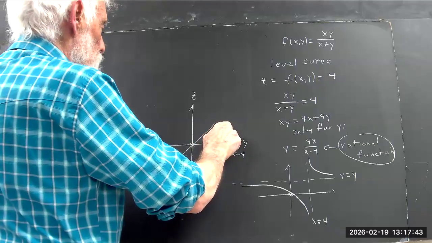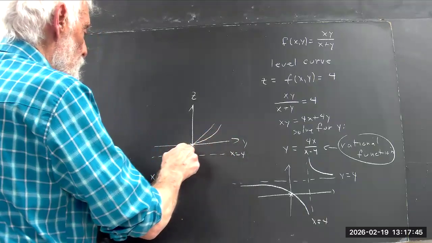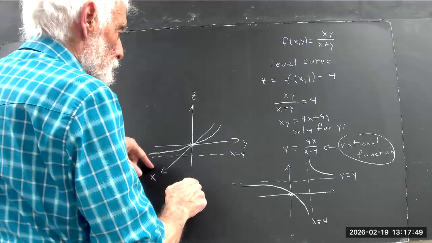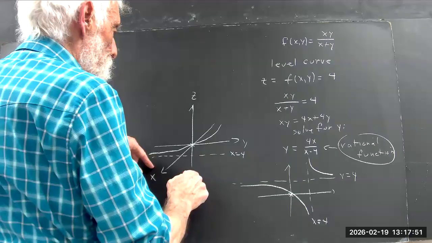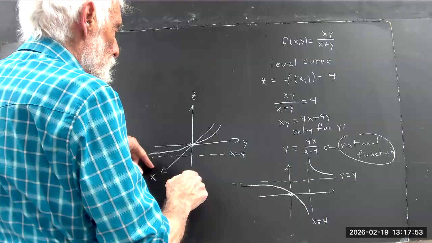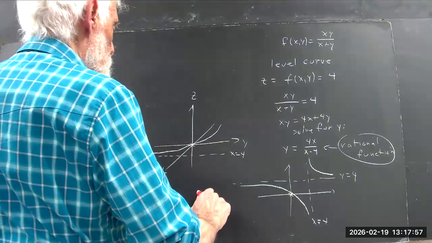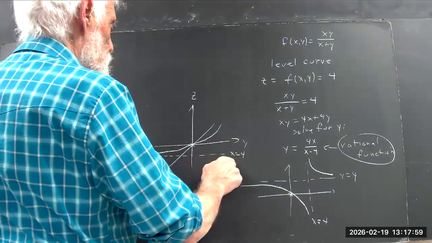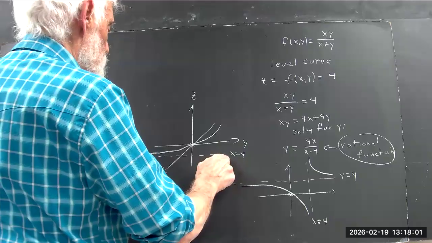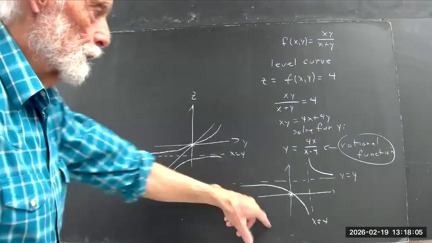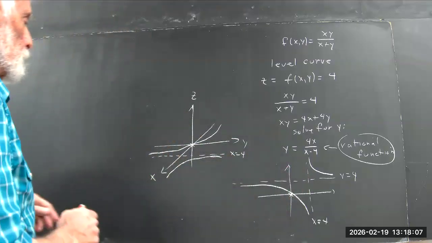So it's going to come down like this and be asymptotic here, if I'm doing this right. And then for larger values of x, it starts way up and comes down and approaches this thing. So, okay, right there is the same function in the xy plane.